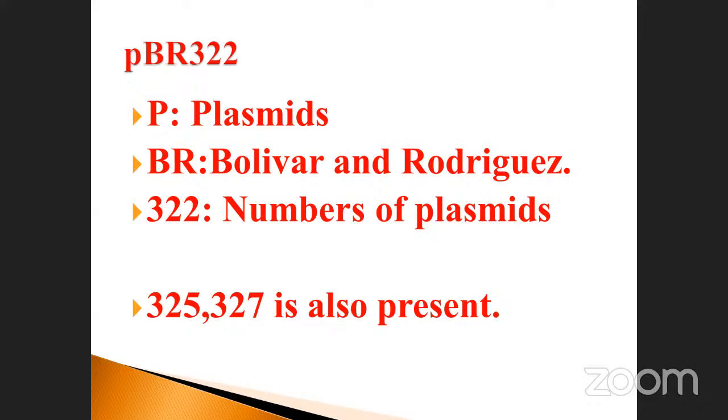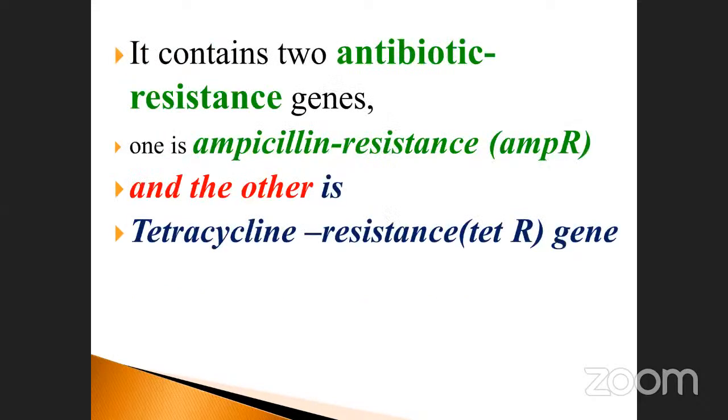There are some differences, some distinguishers, within the molecules. That's why they give different numbers: pBR322, pBR325, pBR327 are also present. According to their differentiation, they are given the names.